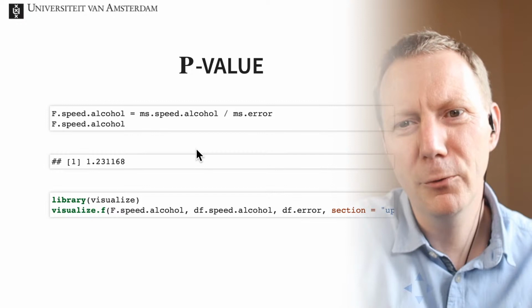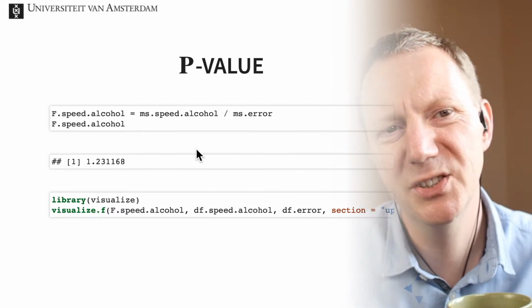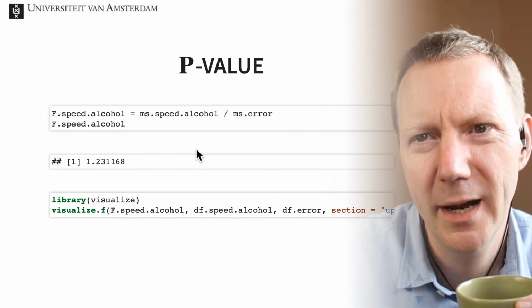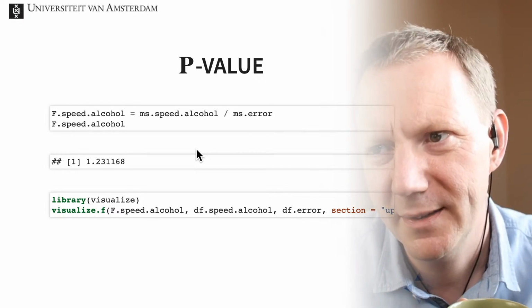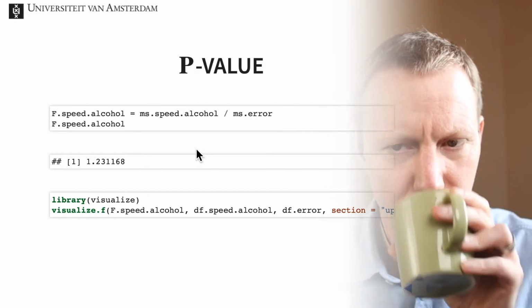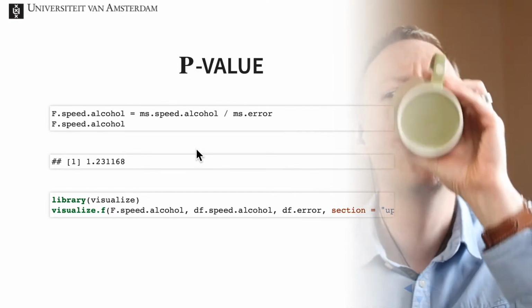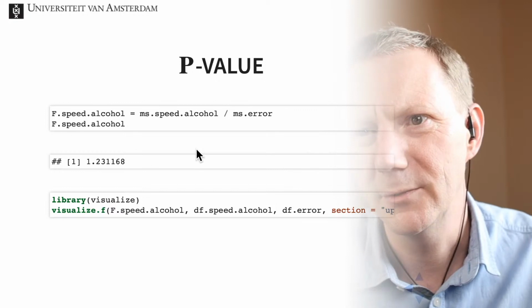And we already eyeballed the sums of squares of 1.9, where we thought, well, that's not a lot. So do you think that this F value is significant? No. No. No, of course not, right?